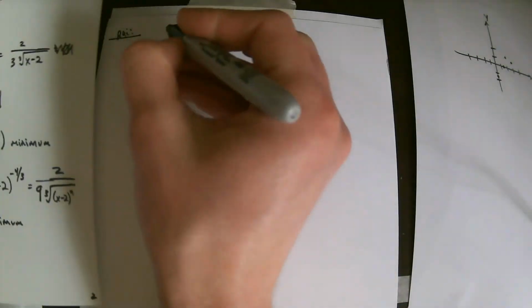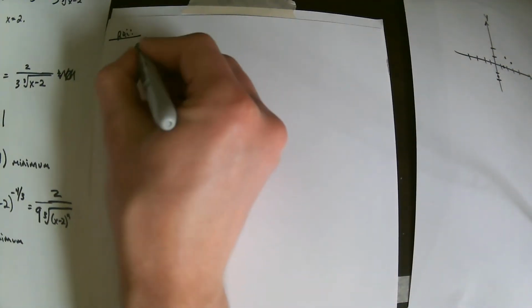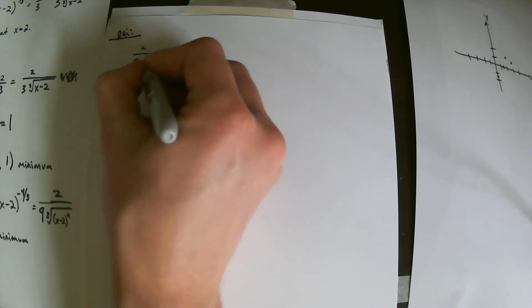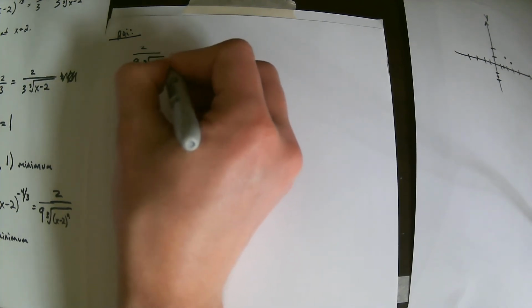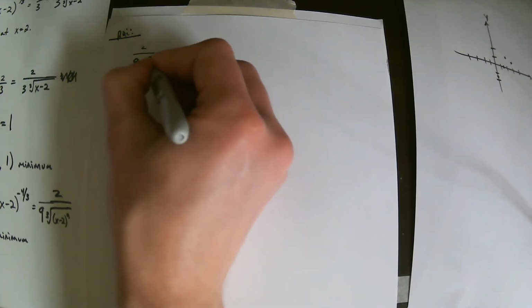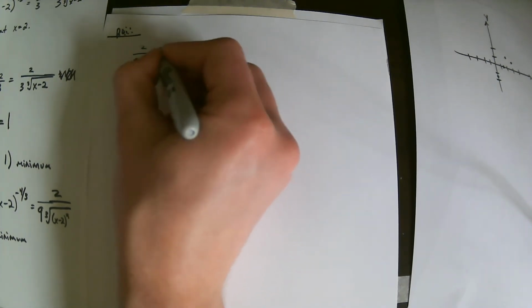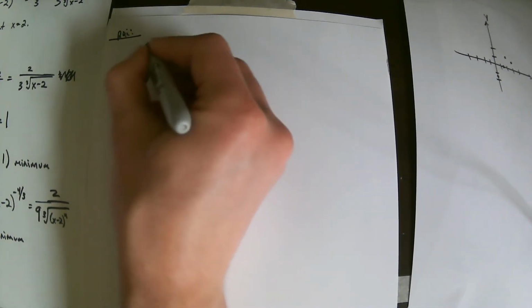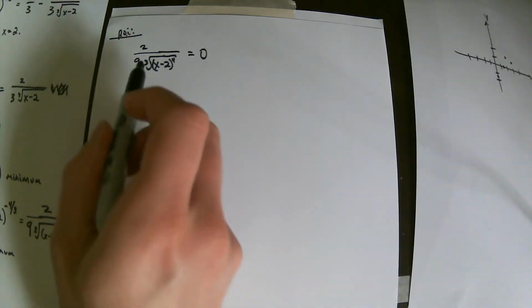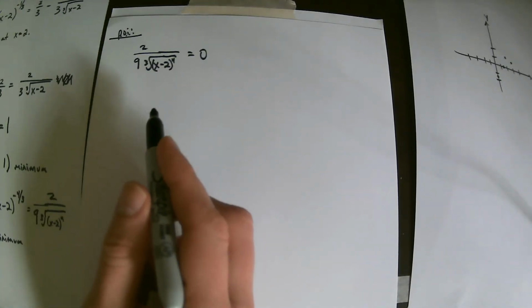Points of inflection, though, that's going to actually be a problem, because that's when you want to take this second derivative, set it equal to 0 and solve. But you see, this is not going to have any solutions.